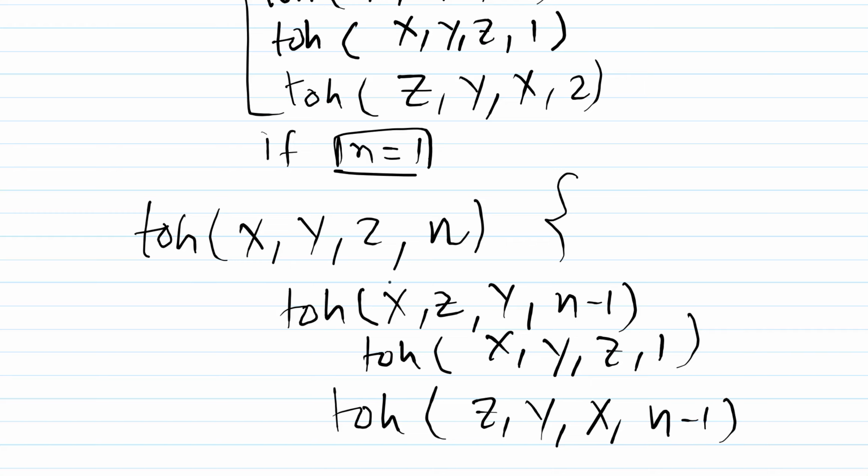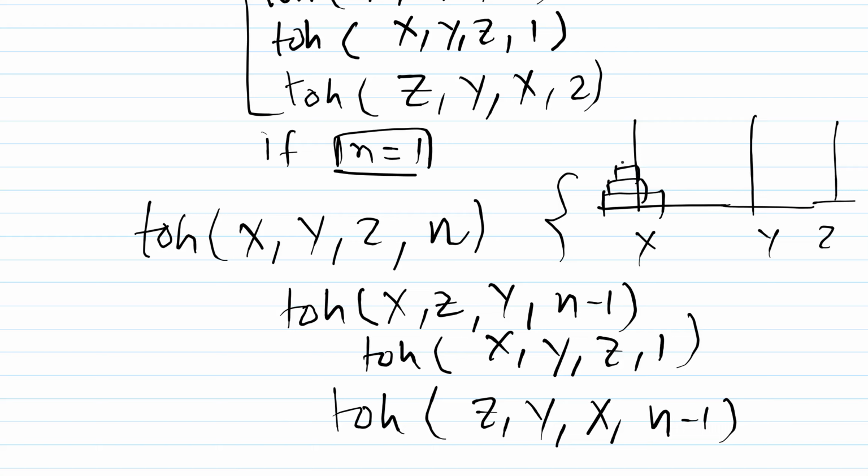So this means that first you have 3 towers X, Y, Z, you have n number of disks, so move n minus 1 disks from X to Z using Y. So now these n minus 1 will come here and be gone from here. Then you will have just one disk here.